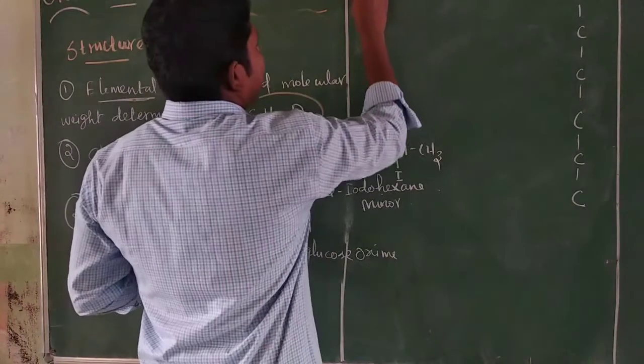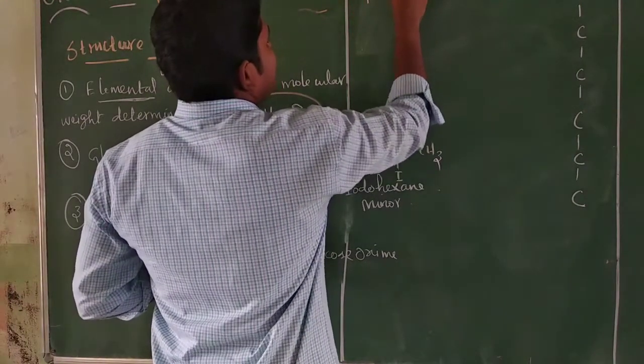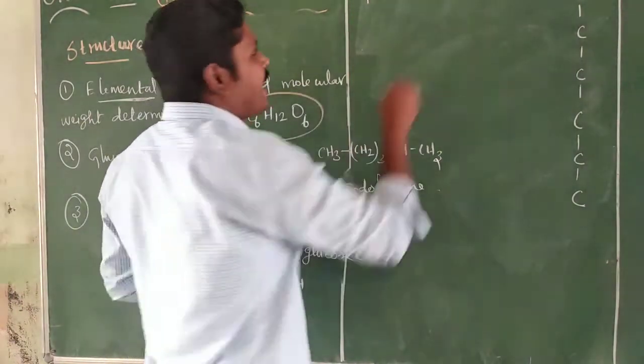And glucose reacts with hydrogen cyanide to give cyanohydrin.